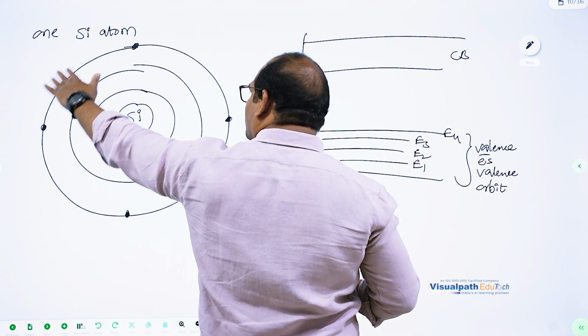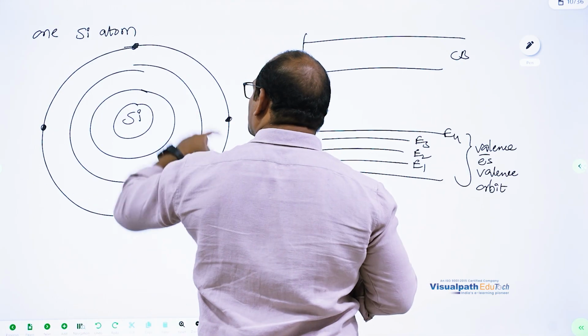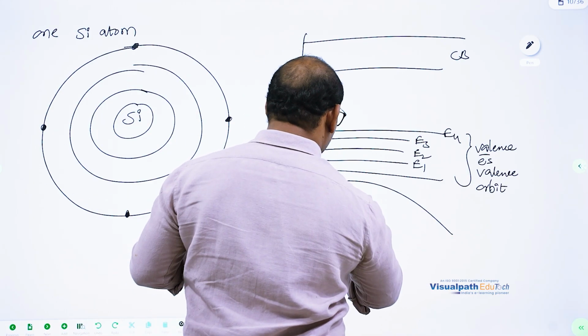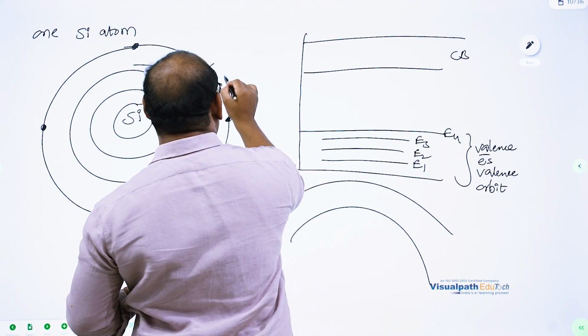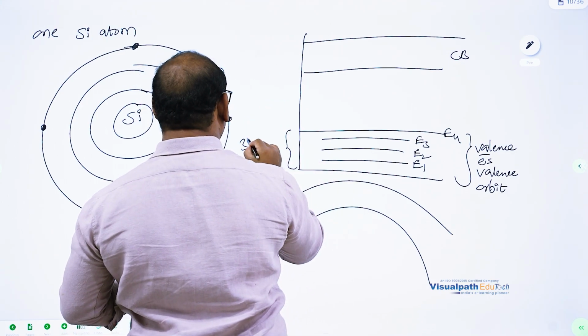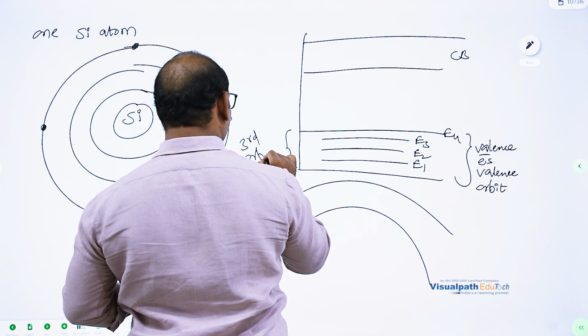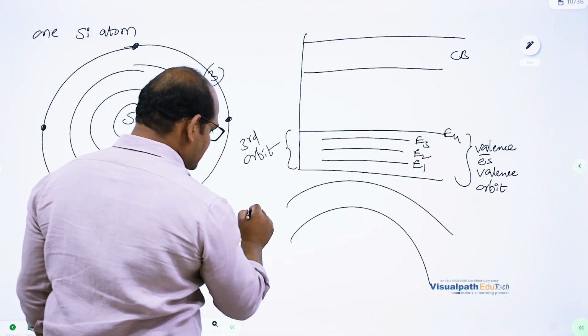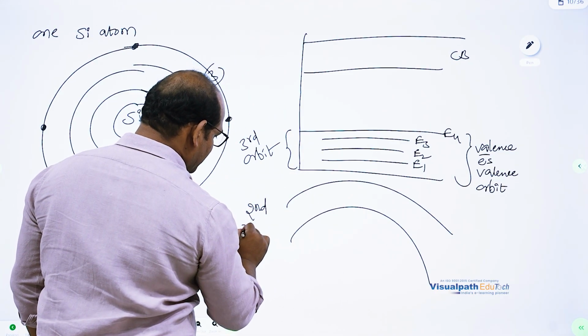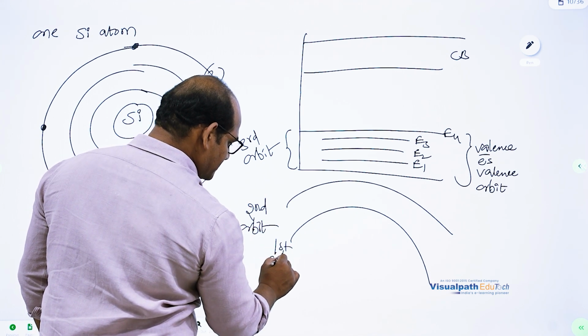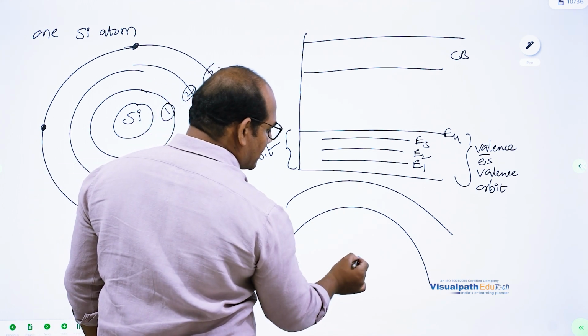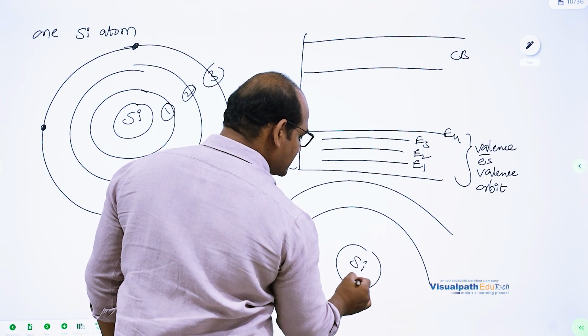Only this one we are showing like a valency band. For example, this is the first orbit, this is second orbit, this is third orbit. Here the nucleus is available.